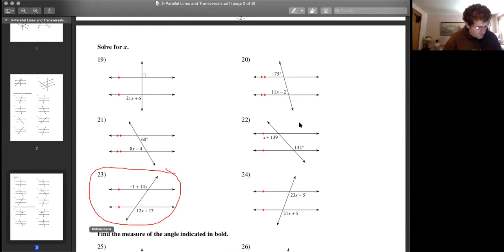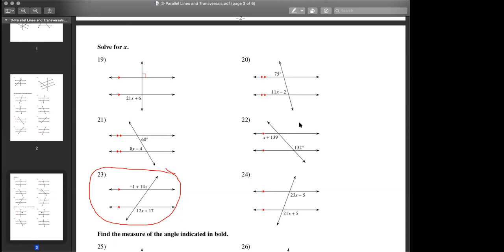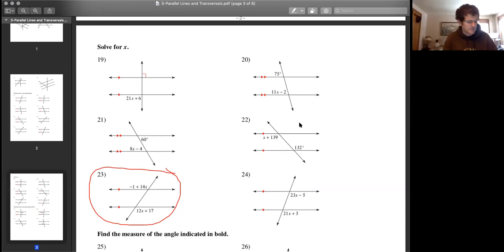All right, 23. Maybe the first thing is to identify the angle relationship. We've seen this one quite a bit. Hopefully a lot of you can say it by now. What would you call this? Alternate exterior angles. All right, you're becoming our alternate exterior angle guru.